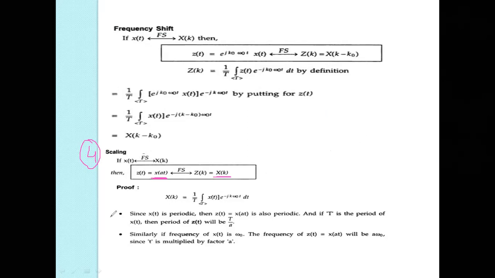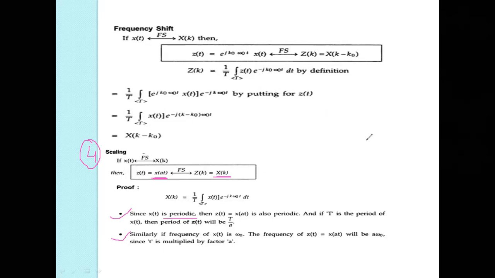But you have to remember these two statements, not the equation. Since x of t is periodic, remember that the Fourier series is used to analyze periodic signals only.